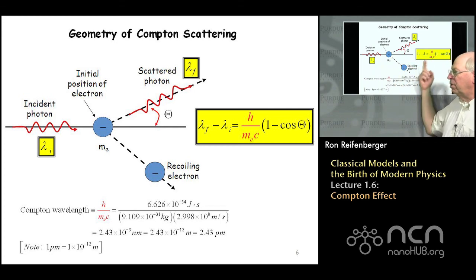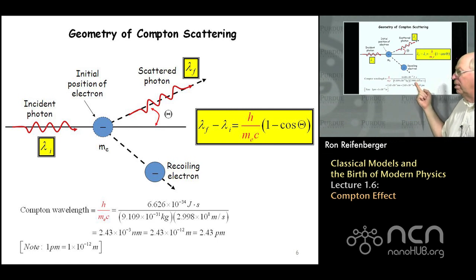So this proportionality constant h over mc has to have units of meters, right? Because lambda f and lambda i are wavelengths. Those have units of meters. So h over mc has to have units of meters.